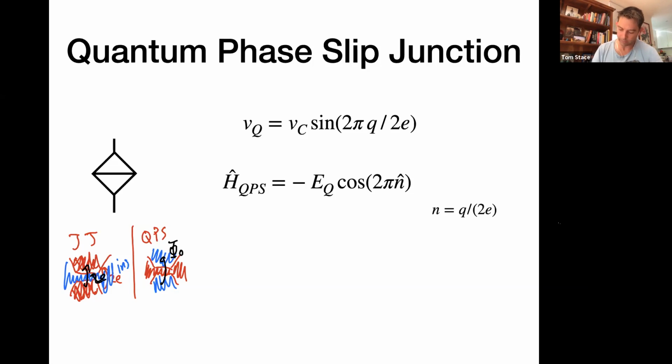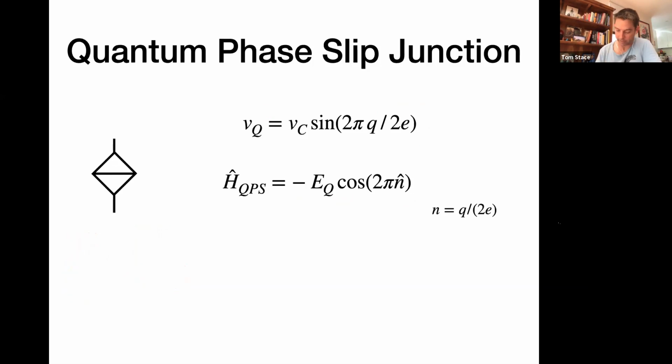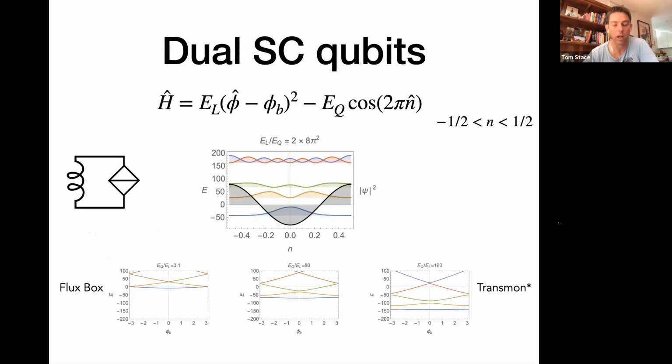And so if I write down this constitutive law for a quantum phase slip device, I can calculate an effective Hamiltonian that gives rise to that constitutive law, which is very analogous to the Josephson junction. It's just that the Hamiltonian is now a nonlinear function of the charge, that is, it's cos of the charge. So I can go through exactly the same kind of story with these dual superconducting qubits.